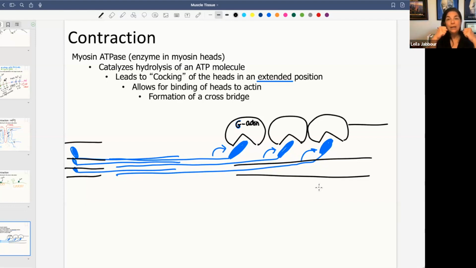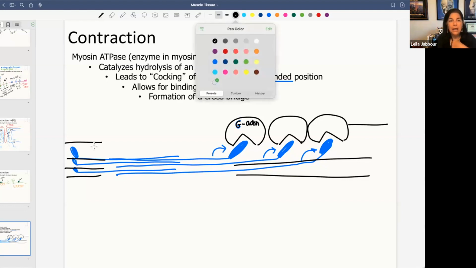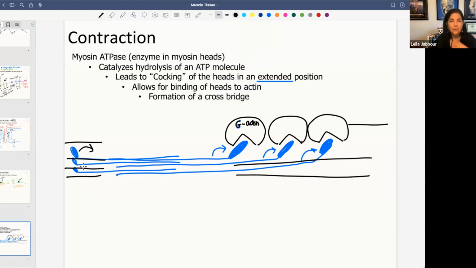So following the cross bridging, you have flexion of these heads, and this happens at both ends. So I'm going to draw in black the movement of flexion of these heads, after they extended and bound, then they flex.